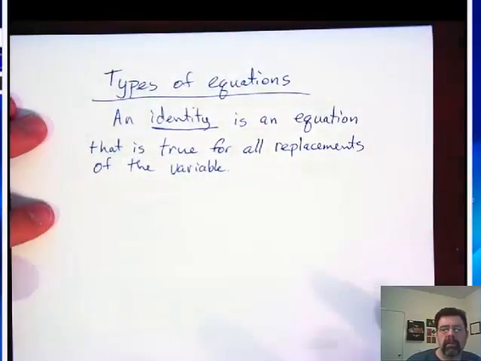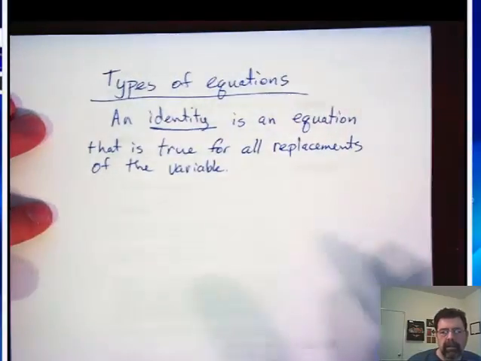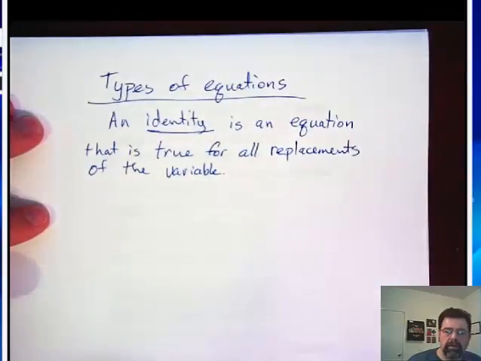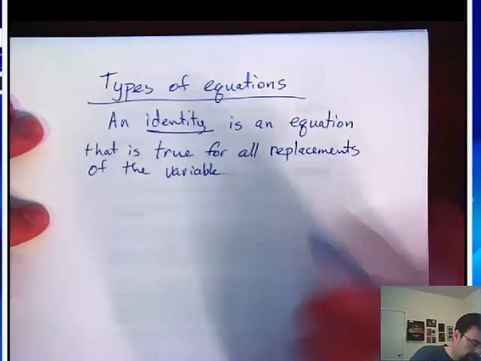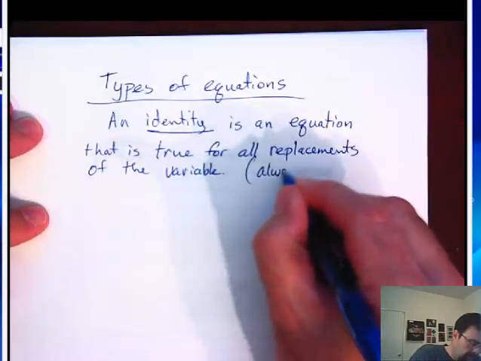So an identity is an equation that's true for all replacements of the variable. The way I usually say it, an identity is an equation that's always true. Okay, always true.